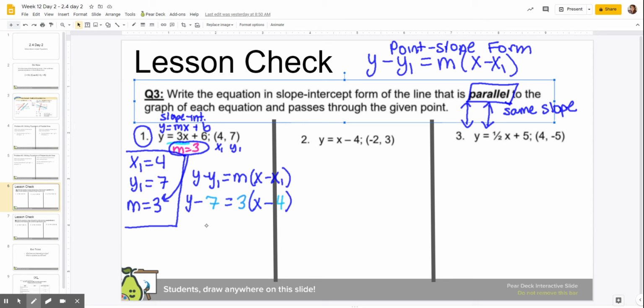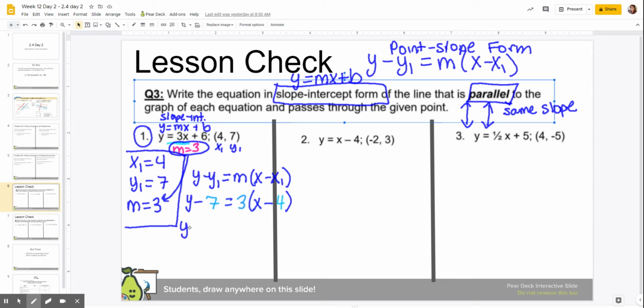Once you replace the coordinate of x1 and y1 and your slope, it wants us to write our equation in slope-intercept form. And slope-intercept form is the most common that we use when we want to graph something. That is when y is by itself, which we just talked about a second ago when we identified the original slope. So I want to get this to look like y equals our slope x plus our y-intercept. So we want to get y by itself.